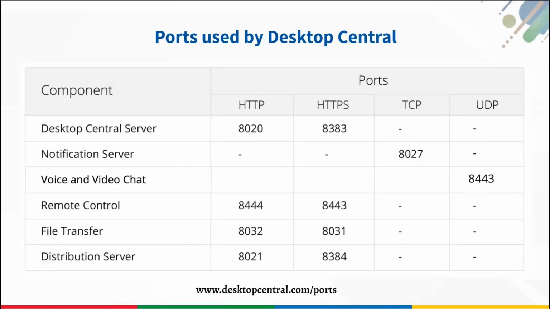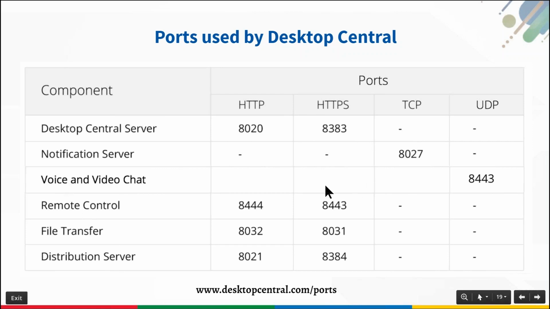Let's take a look at the ports that are used by Desktop Central. For inbound communication, Desktop Central uses port number 8020, which is an HTTP port, and port number 8383, which is an HTTPS port. For the notification server and voice and video chat, we use the port numbers 8027 and 8443.